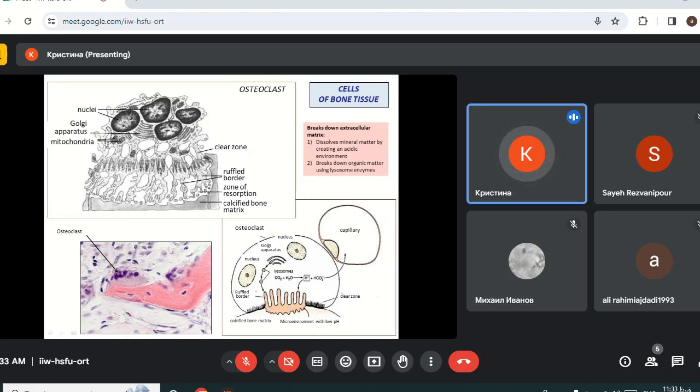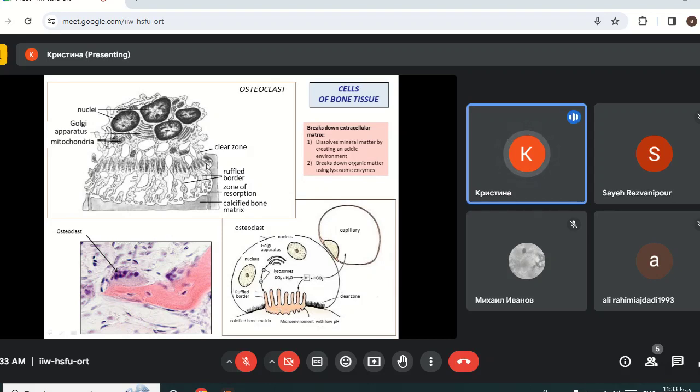So the cell next provides the lysosomes to release their content, the enzymes, via exocytosis, also in this zone of resorption, and these enzymes break down the collagen fibers and other organic components of the extracellular matrix of the bone.